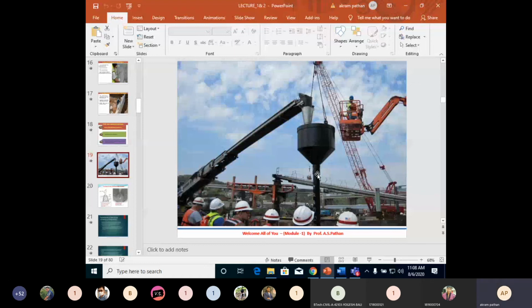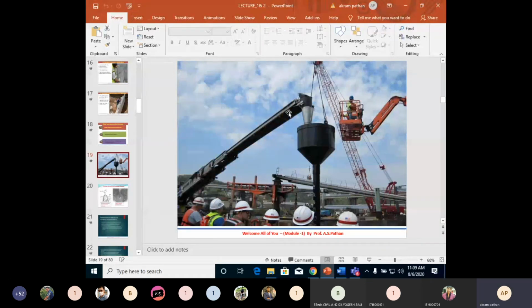So how can we do it underwater? With the help of these instruments. This is a clamshell for the workers. This is a crane to take the load, and this is a pumping method.